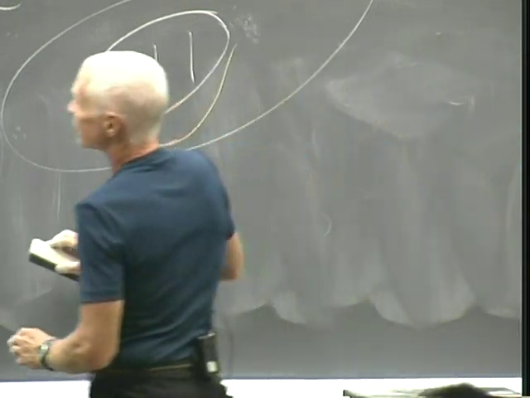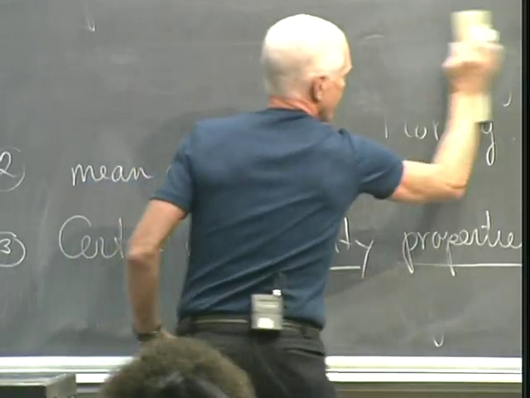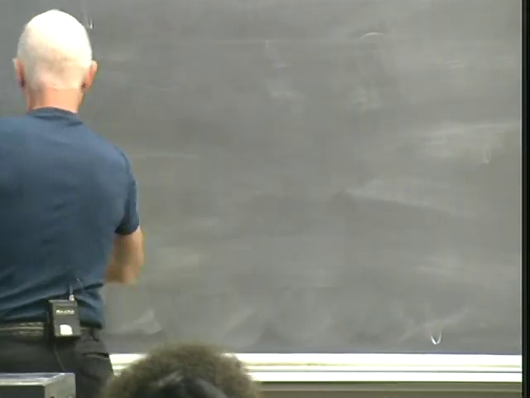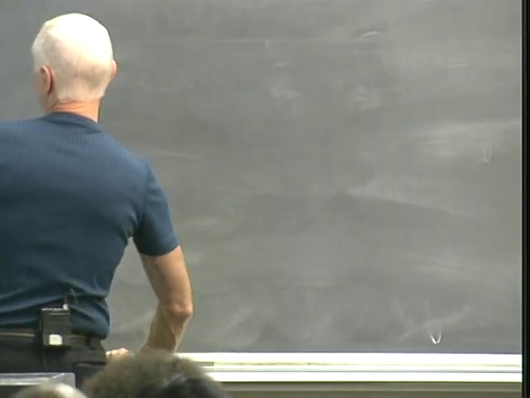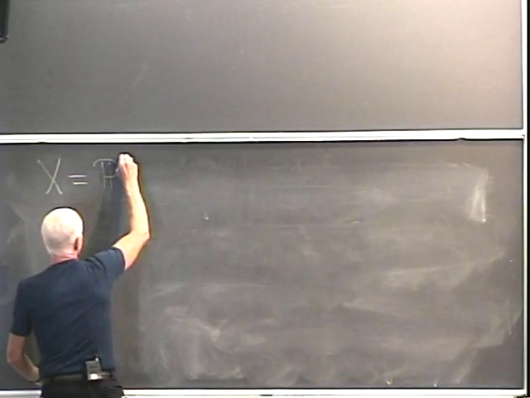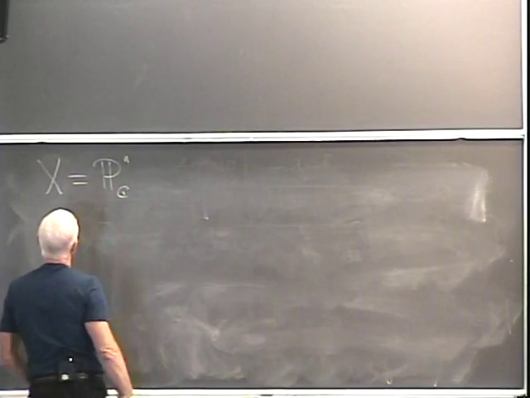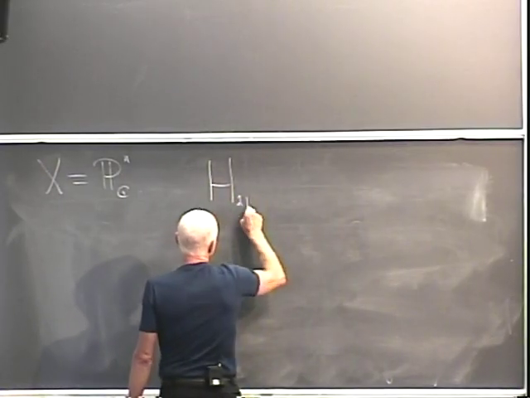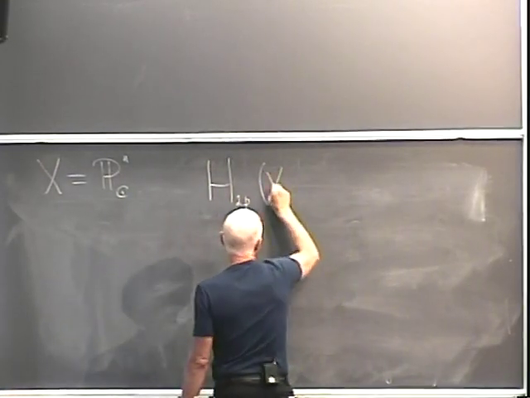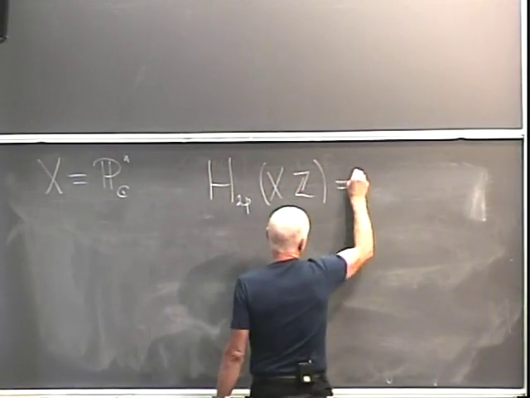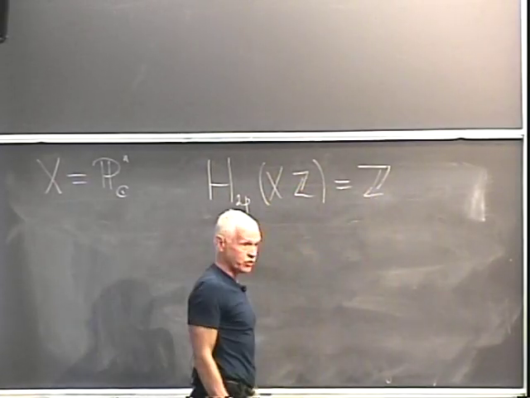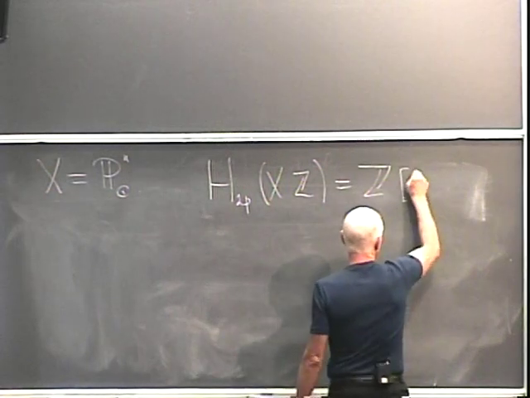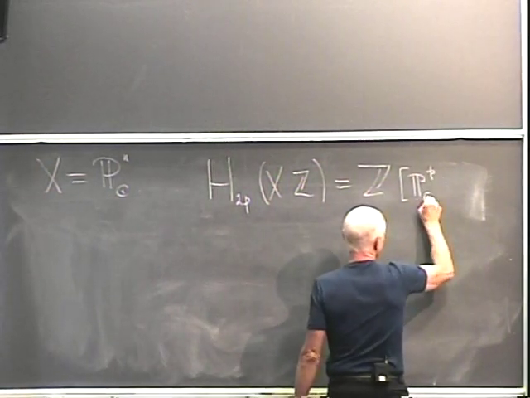But another interesting case is the case of projective space. So if X is equal to complex projective space, then I remind you that the 2p homology group of X with integer coefficients is just the integers, generated by the class of a linear subspace of dimension p.